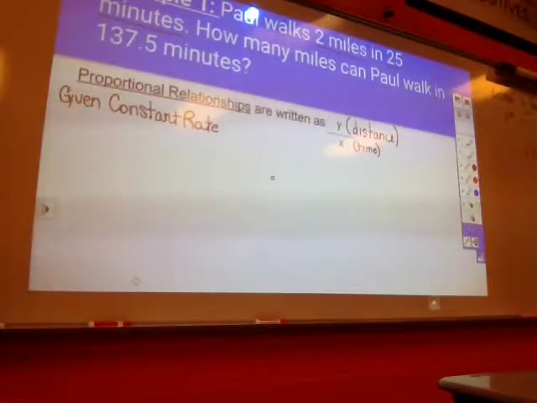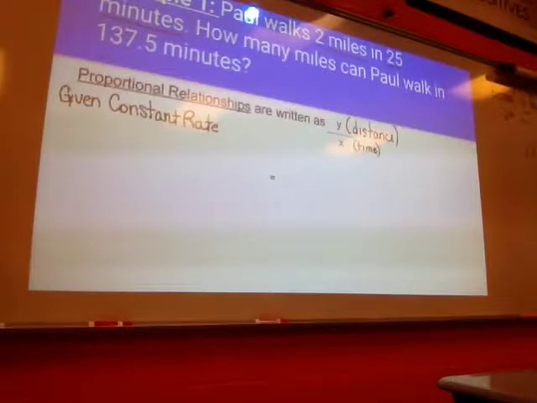I think your steps are on the top of the second page. Yeah, they are. So flip your page, and on the top of the second page, we're going to write our given constant rate. We're going to write a fraction that represents our given constant rate.